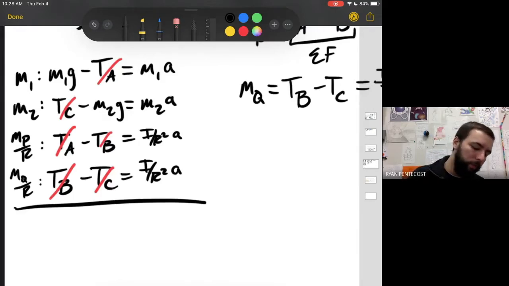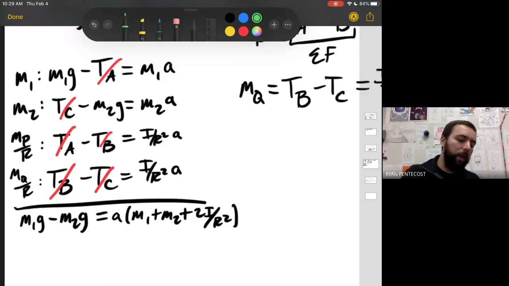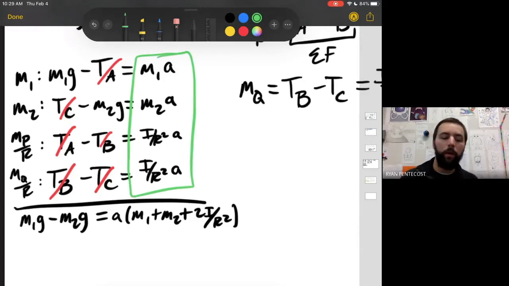So all we are left with is M1G minus M2G, and that will equal, I'm going to factor out the A in all of that, M1 plus M2 plus 2 I over R squared. Okay. So what you do is you essentially add all of these up, right? You've got M1A, M2A, I over R squared A, I over R squared A. I just factored out the A in all of that.